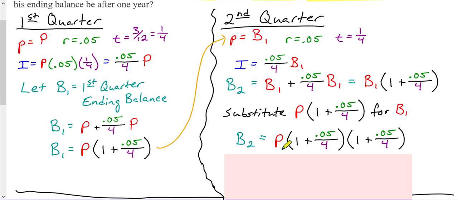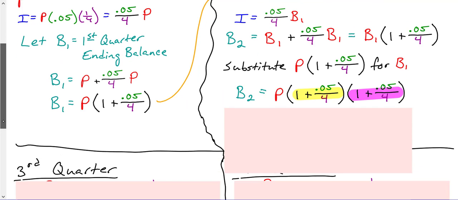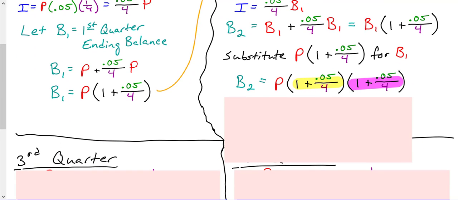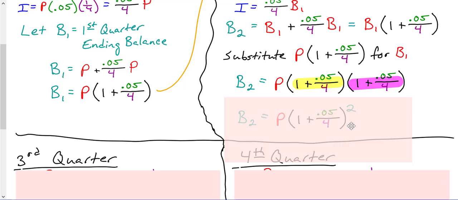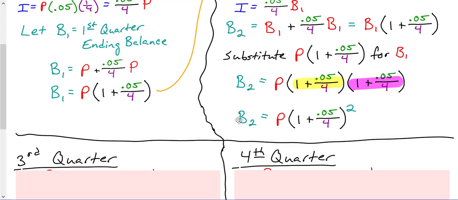So we have 2 of the same thing, so we can write that as squaring it. Now we have the balance for the second quarter, B sub 2 equals P times the sum of 1 plus 0.05 divided by 4, squared.